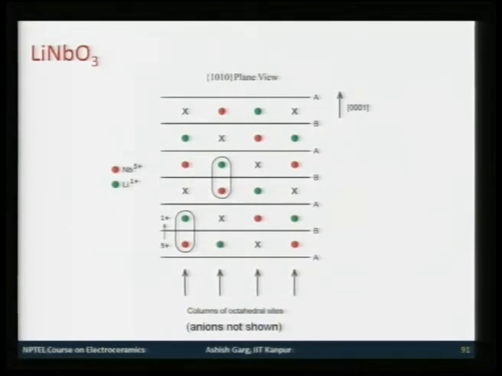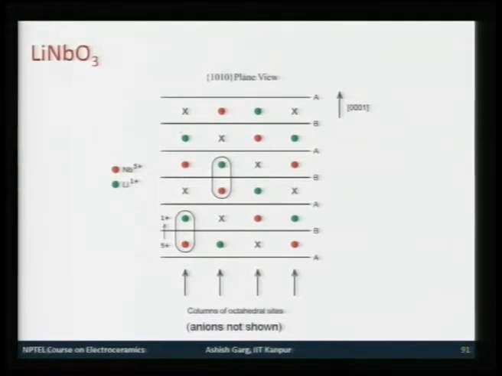So, this is how it continues, again 6 layers of oxygen atoms, and this makes a lithium niobate unit cell. Again these are columns of octahedral sites, and you can again see lithium, niobium, vacant, lithium, niobium, vacant sites.